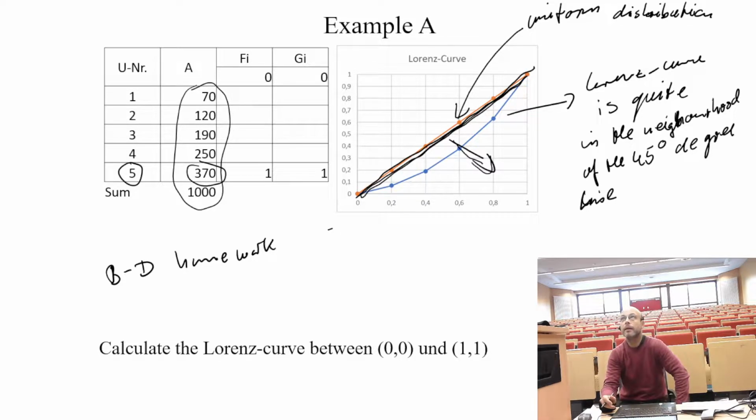The wider we find the Lorenz curve on the right downside compared to the straight line between 0 and 1, the more unequal is our distribution.